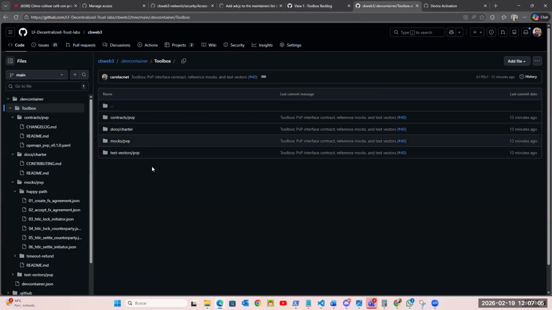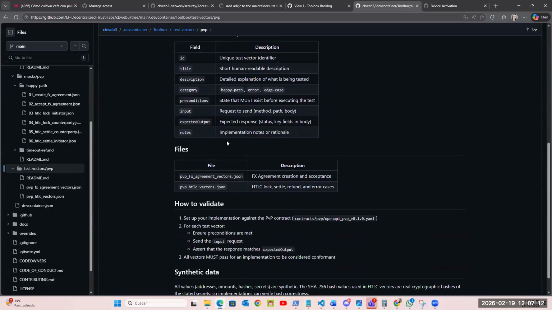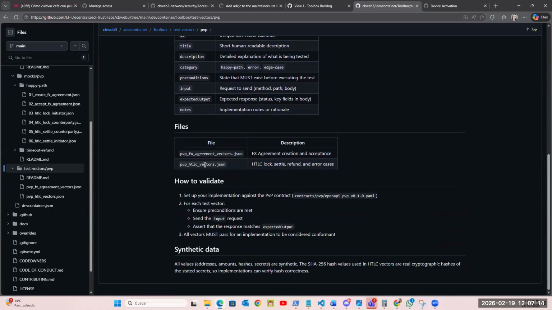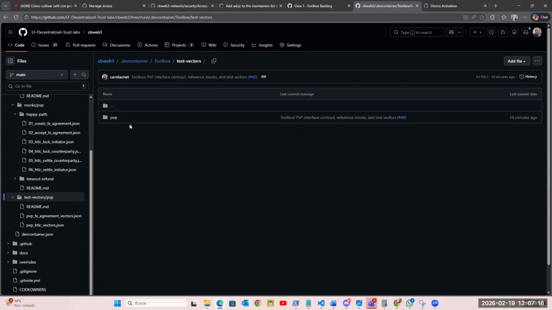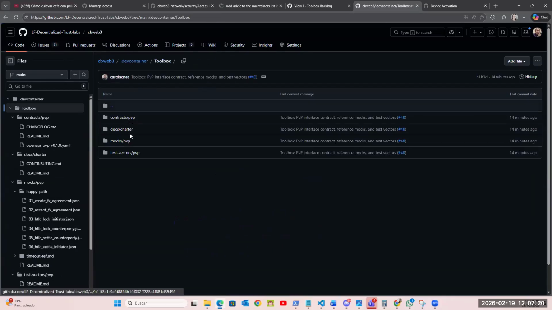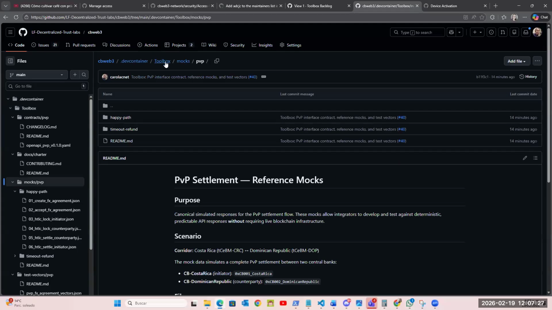Again, I am not going deep into the test vectors. You can find here the explanation, where the files are, and how you can validate them. It is for the test vectors, and again, only for PvP for the moment. The mocks you can find here too, and how to use them.